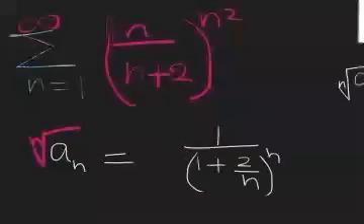So as n tends to infinity, this term goes to 1 over e to the power 2, because here you have 2.